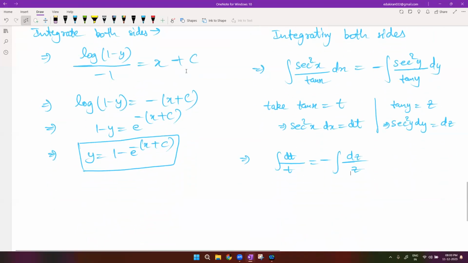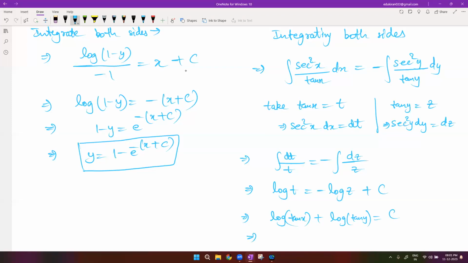Right? So this is nothing but log of t is equal to minus log of z plus c. We can replace t with tan x, plus log of tan y is equal to c.